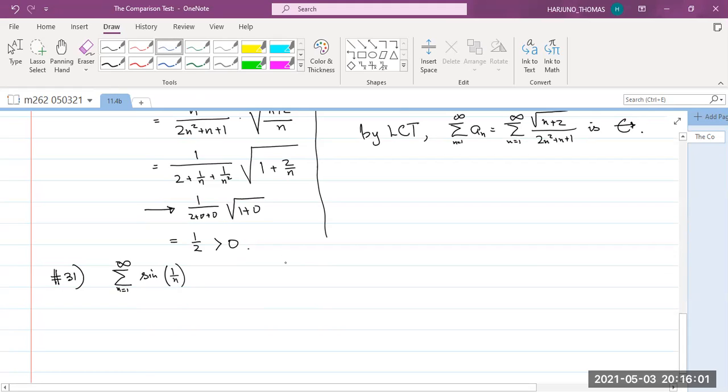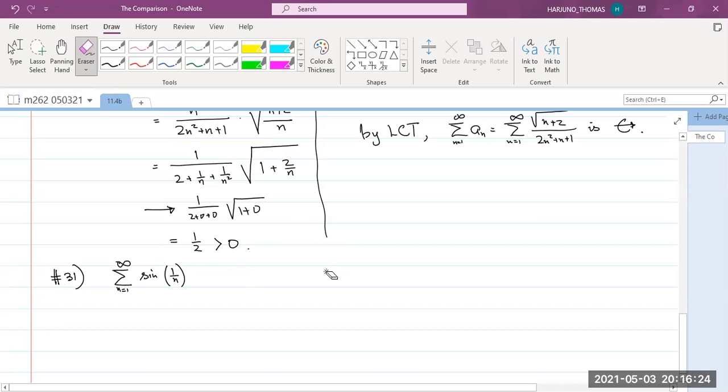Notice that when n goes to infinity, then 1 over n gets very, very close to 0, right? And sine of something very close to 0 behaves very similarly to that something. I want to use this notation.